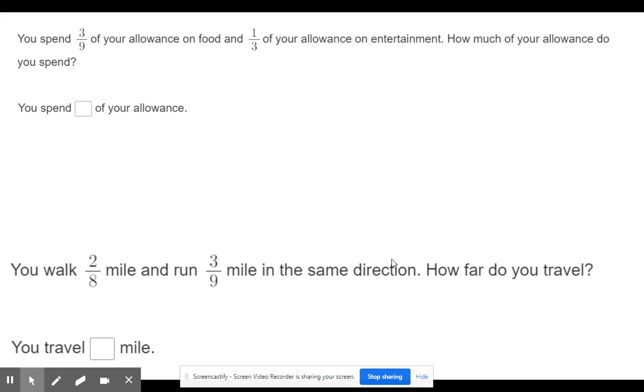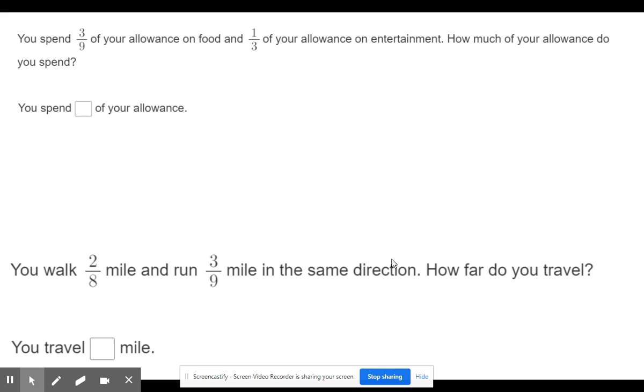All right, first question says, you spend 3/9 of your allowance on food and 1/3 of your allowance on entertainment. How much of your allowance do you spend? So did you spend it all? If not, how much did you spend? So does this sound like an adding, subtracting, multiplying, or dividing question? Adding.